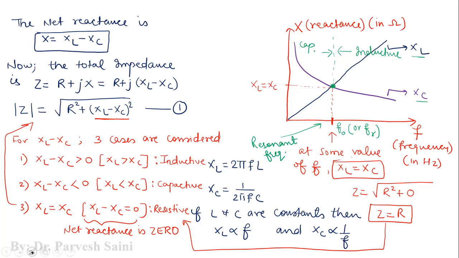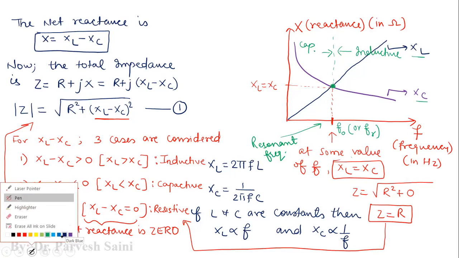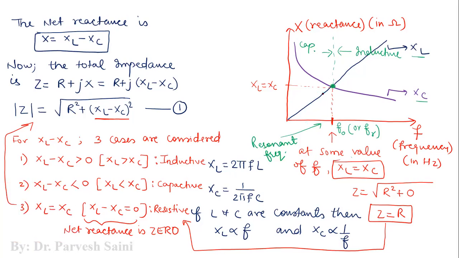Now here, if you have observed one thing, in this area your F is less than FR, and here F is greater than FR. From these two formulas, you can make out if the frequency reduces, XC will increase. If F increases, XL also increases.